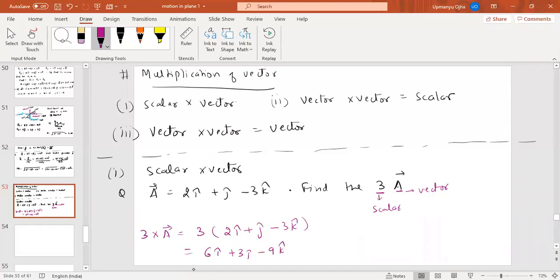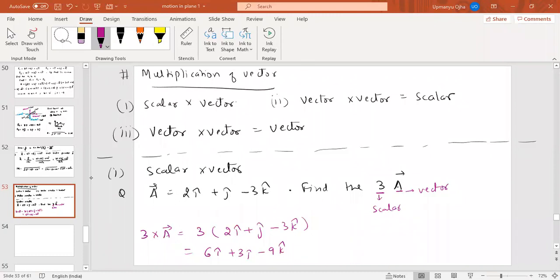So a scalar with a vector is very easy. Simply multiply the scalar quantity with each component of the vector: 3 into 2 gives 6i cap, 3 into 1 gives 3j cap, and 3 into minus 3 gives minus 9k cap. So scalar to vector is a very easy method.